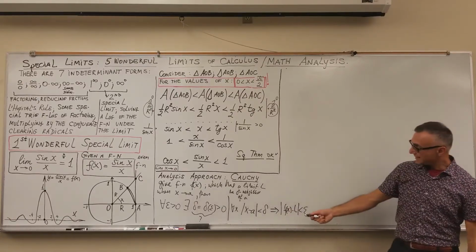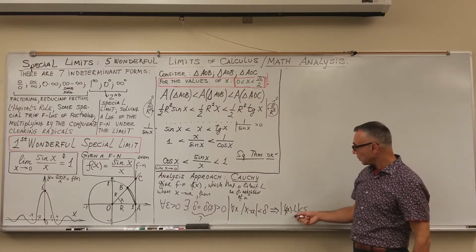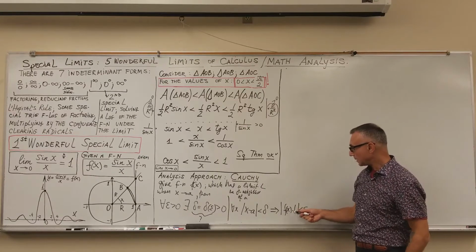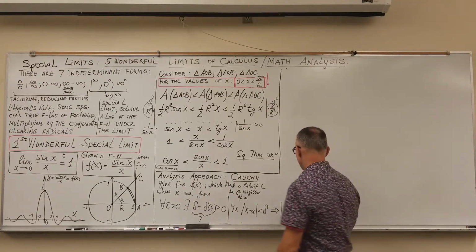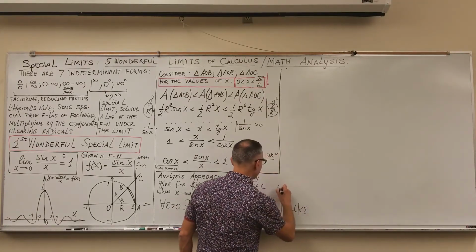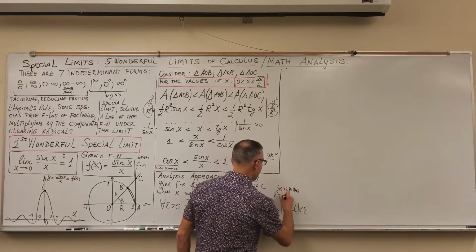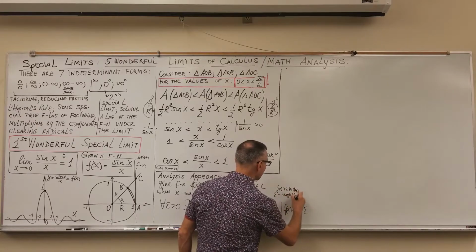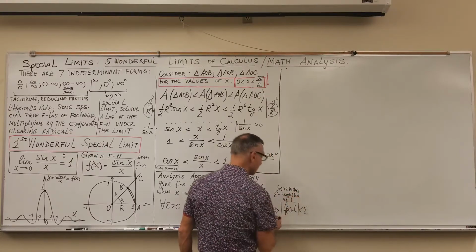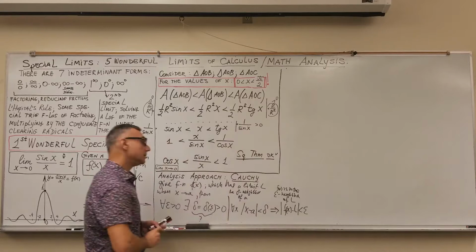What is that? That's the epsilon neighborhood of L. So my f of x is in the epsilon neighborhood of L. So what's important here?